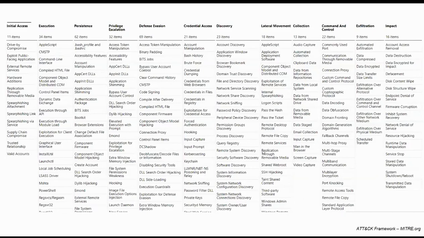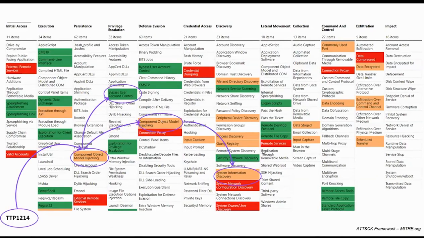Now, using the right intel, you can turn the framework into something more manageable, something that would construct a set of steps and stages for the attack, the specific techniques that you need to pay attention to, that you need to be looking out for, what kind of controls you have at the moment to cover that specific technique, and whether or not you need to focus your attention on that particular area.